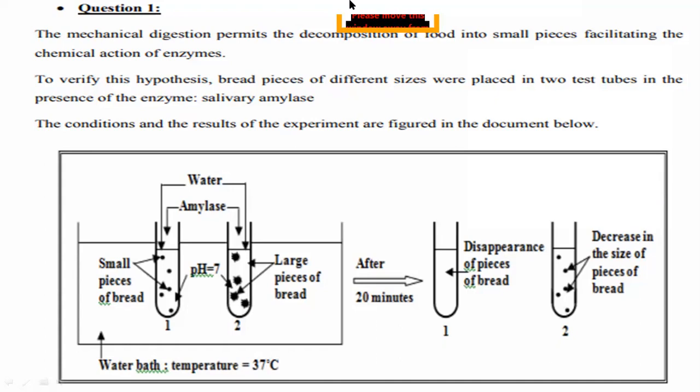Esther, can I say what they put first? Yes, you should do so. Okay, in tube 2, after adding large pieces of bread. No, you start with the water and amylase.